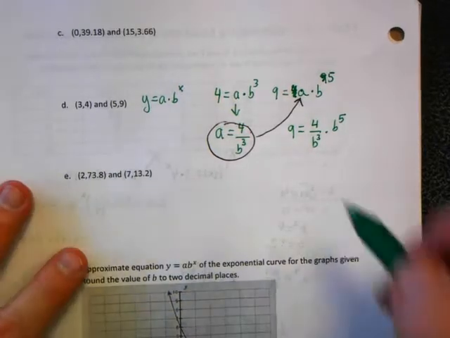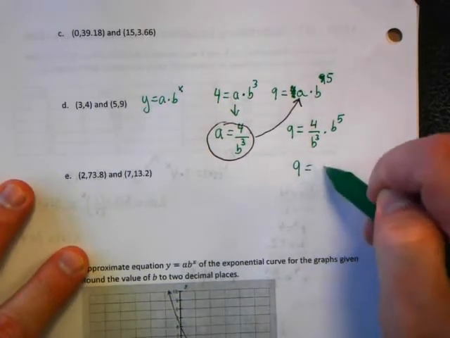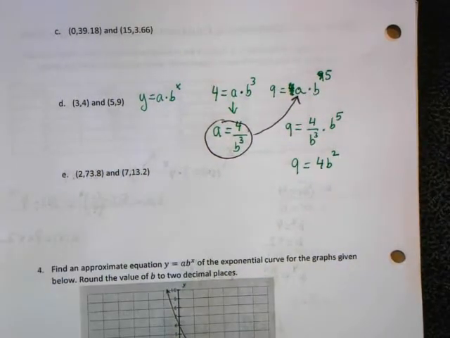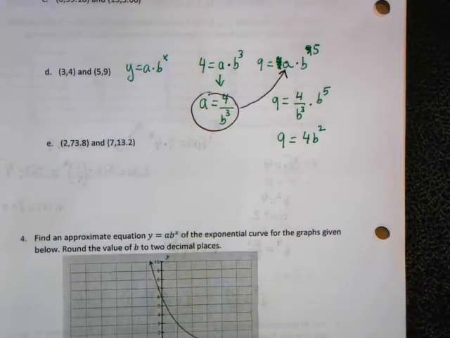I'm going to rewrite that. 9 equals 4b squared. That's correct. How did I get that? I subtracted my exponents.